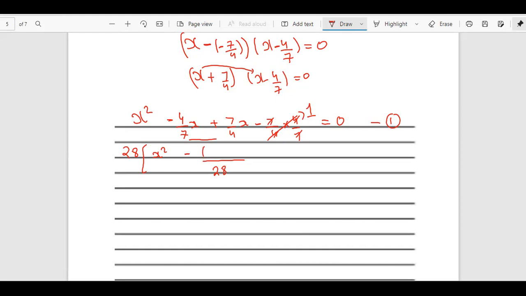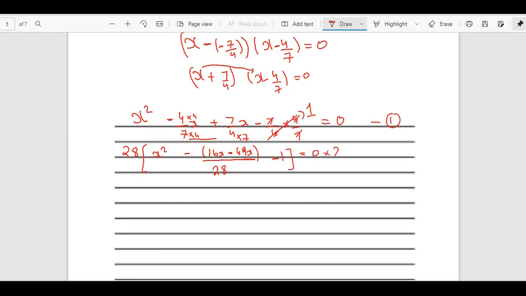I will have 16x because 7 into 4 is 28, so 4 into 4 is 16, minus 4 into 7 and 7 into 7, that is 49x, minus 1 equals 0 into 28. That certainly would be 28.